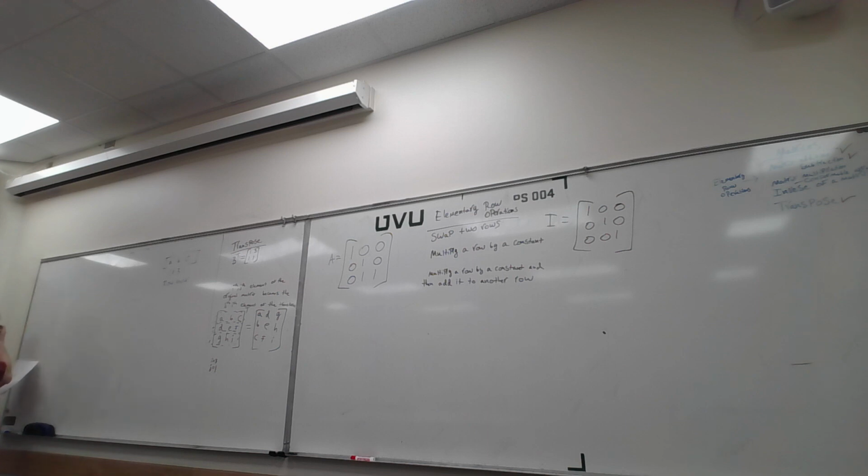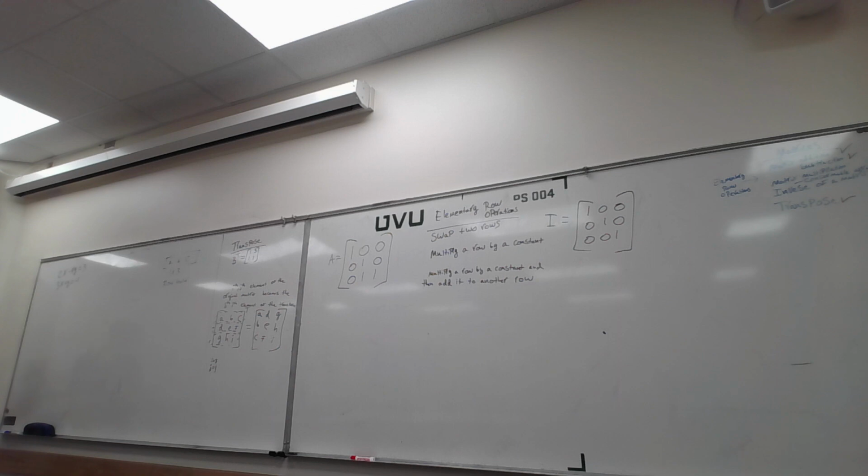One of the things we can do with matrix algebra is solve systems of equations. So let's say that we have some system that looks like this. 2x minus 4y is equal to 3, and we also have 3x plus y is equal to negative 1.